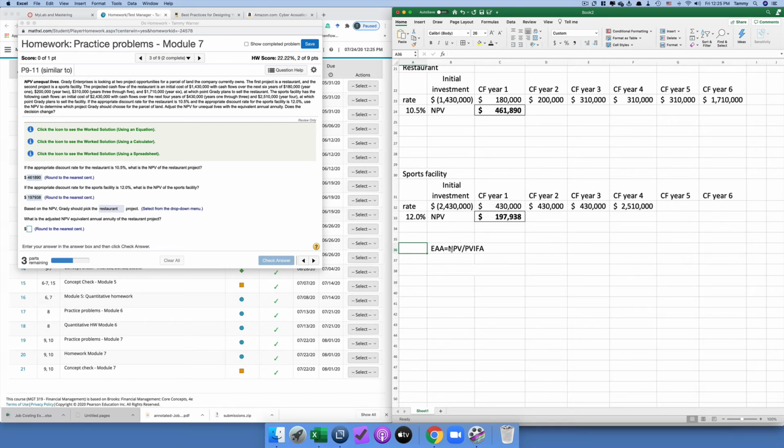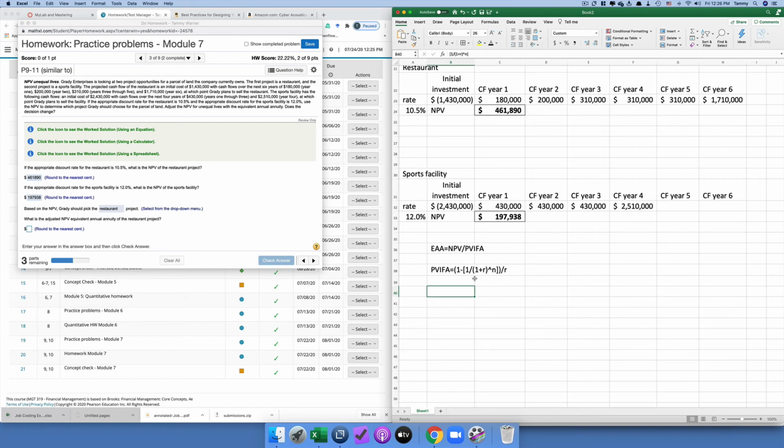Okay, and so that's nice, but what's the PVIFA, right? We go through this in the videos, but I'm doing the example problems first in my workflow. So the PVIFA is equal to 1 minus 1 over (1 plus r) to the n, all divided by r, the interest rate. If we were doing these by hand, you would have that in your head as well.